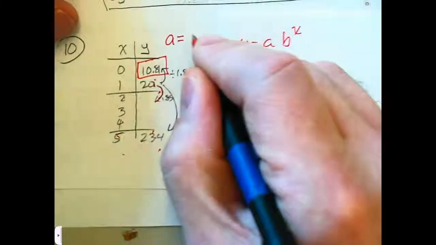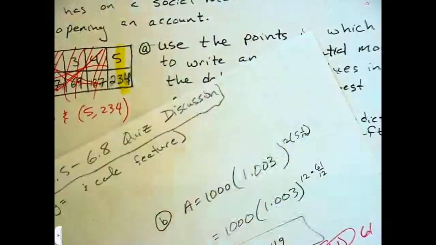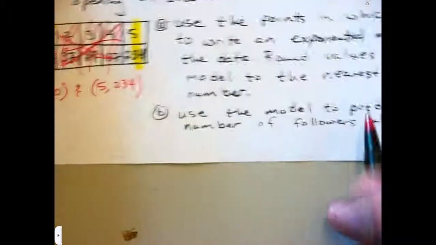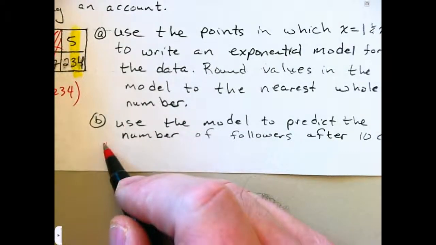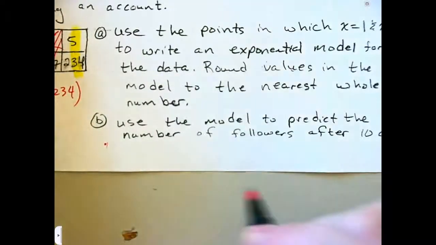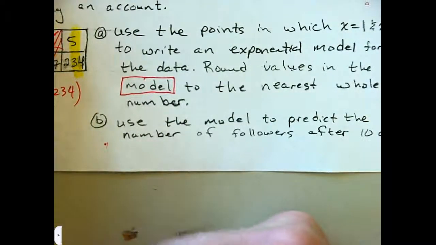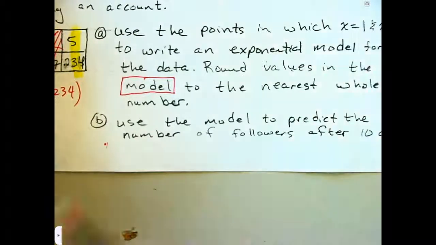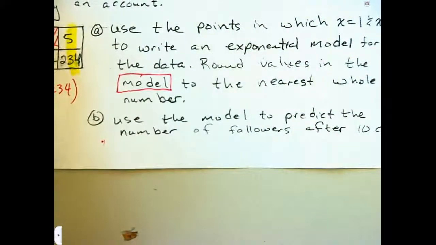Now, a key piece that some of us overlooked here, or we did earlier, it says round the values in the model. What is the model? The equation. The word model represents an equation. You will see that term a lot. You've seen it in books a lot already.